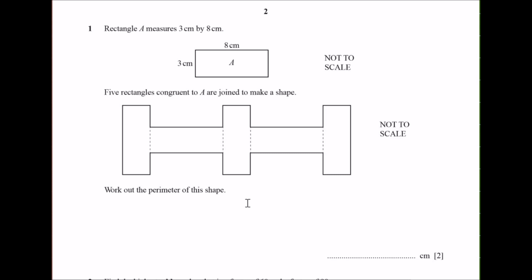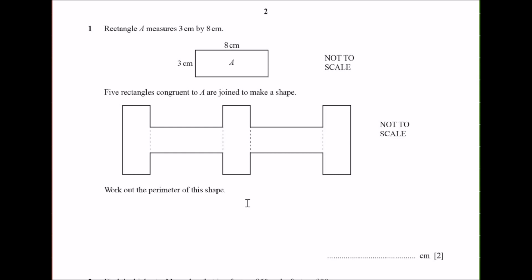As you know, to find perimeter means we need to add all the sides around the shape. So here we need to put the measurements, whatever dimensions given on the diagram, so that it will be easy for us to add them together.